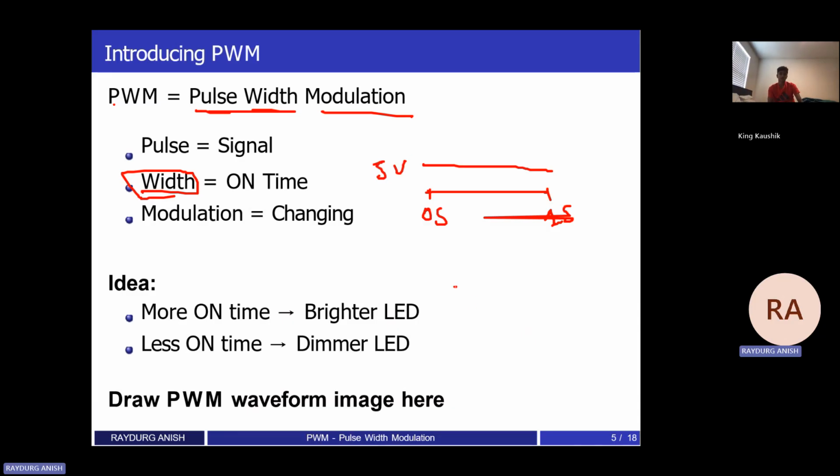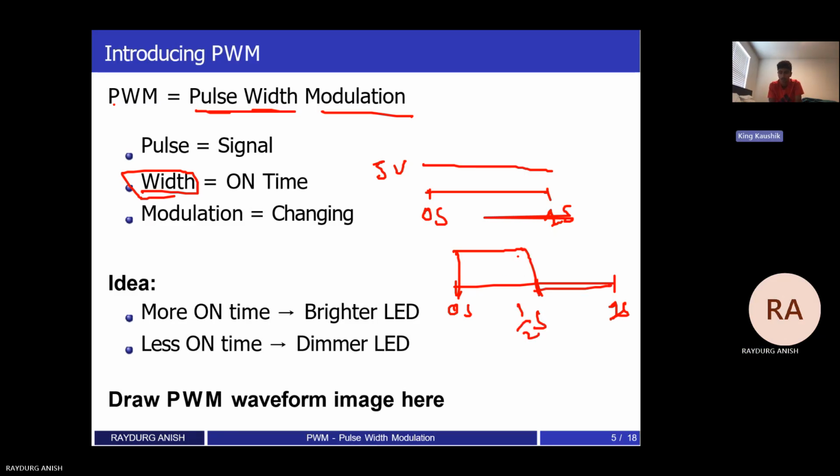But when you use the PWM signal, from 0 to 1 second, you keep it high for, let us say, half a second, and then you make it low. That is a 50% output, or no, I don't remember the name for this. Yes, the duty cycle, we call it. Yes, duty cycle, exactly.